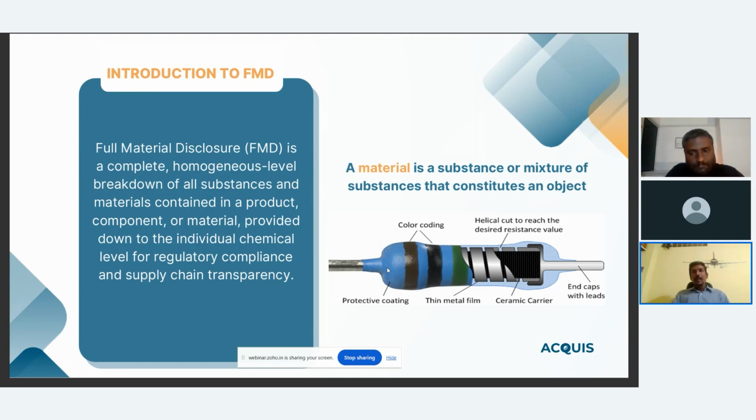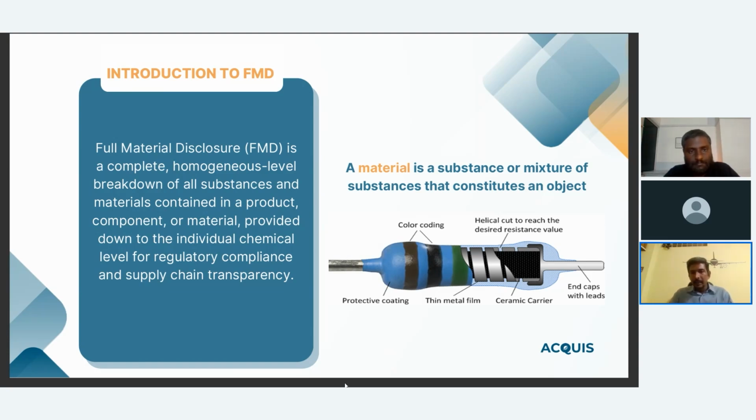Before we dive deep, you need to understand what is a material. To help you visualize better, I have put a picture of a small resistor. Each material is made out of multiple substances or mixtures, which take a shape and a form and become a material. In this case, you could see there are a lot of materials going into making this resistor.